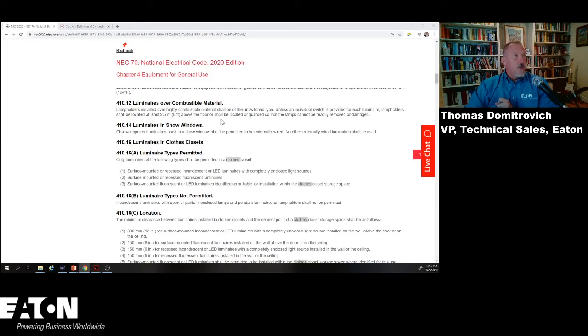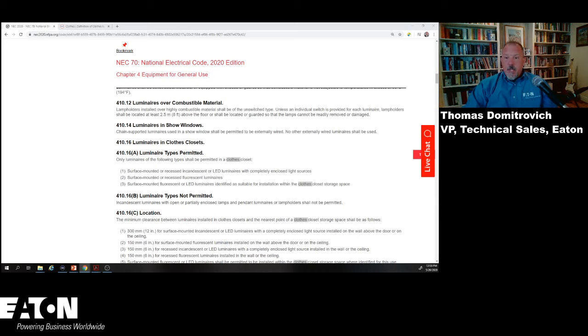I could use those if it's not a closed closet. And the question would be, should we have those restrictions? Should we be opening 410.16 to other types of closets? That's, I guess, the $1 million question.